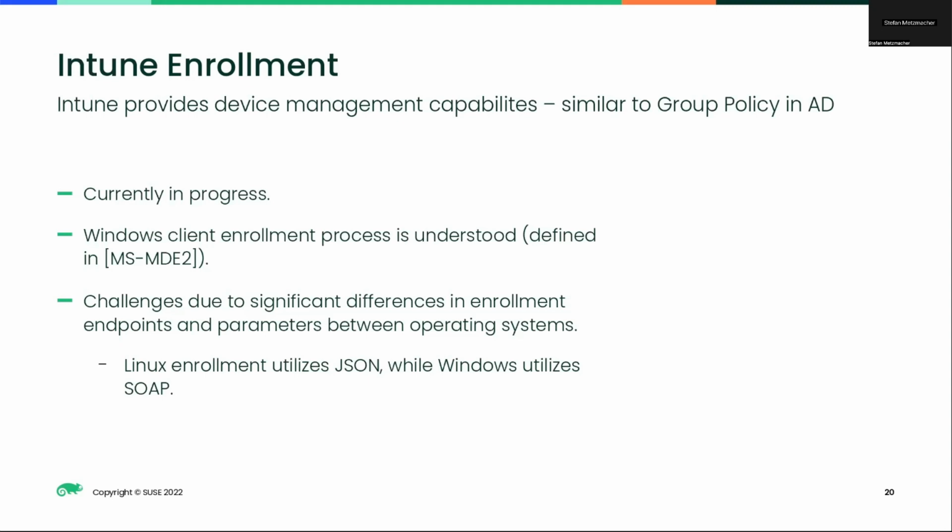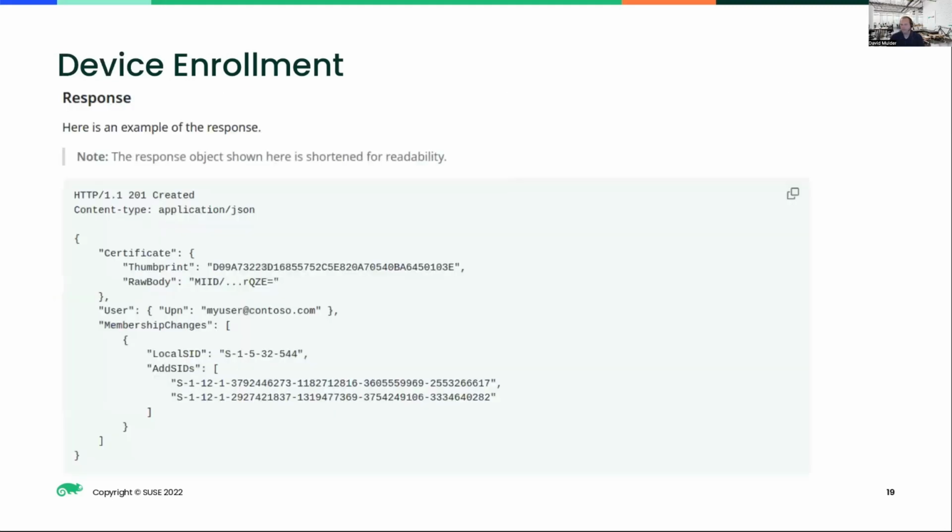David? Yeah. Just a short question to the slide before. Okay. So the Azure server includes this local SID with the administrator SID, or what is this 544? I don't remember. A built-in SID that's only valid to the local machine.